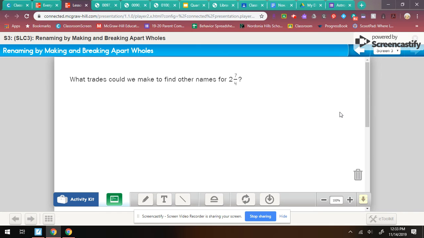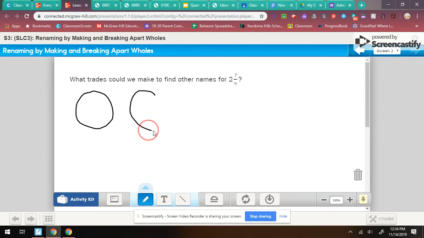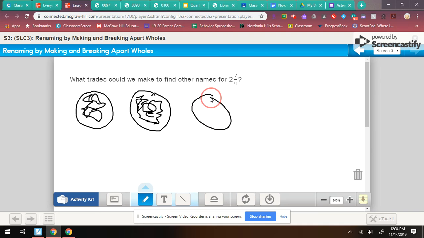What about another name for 2 and 7/4? So I'm going to draw 2 wholes. So I have those. I'm going to shade them in first this time. You know, my shading's a little bit shady. I thought it was funny. 2 and 7/4 this time.